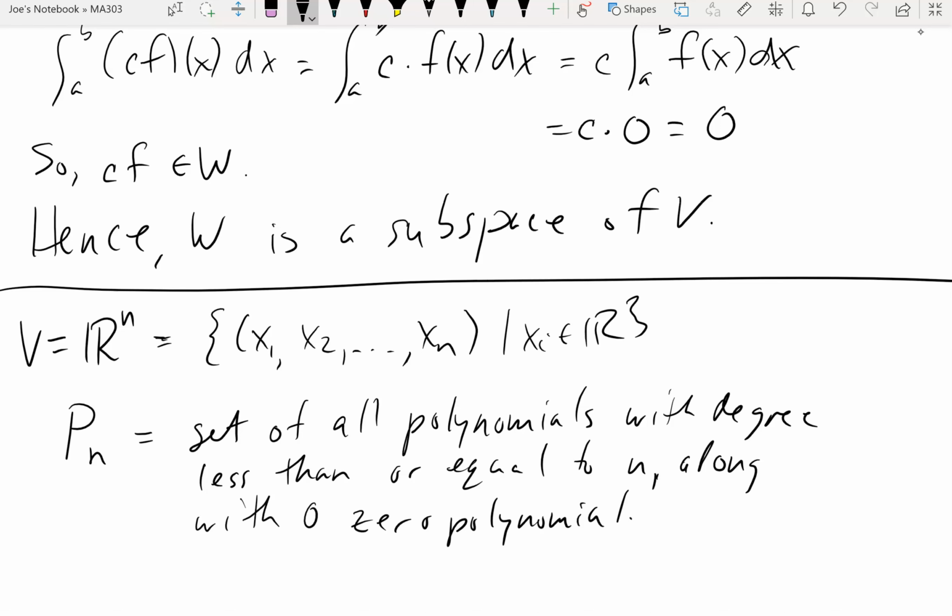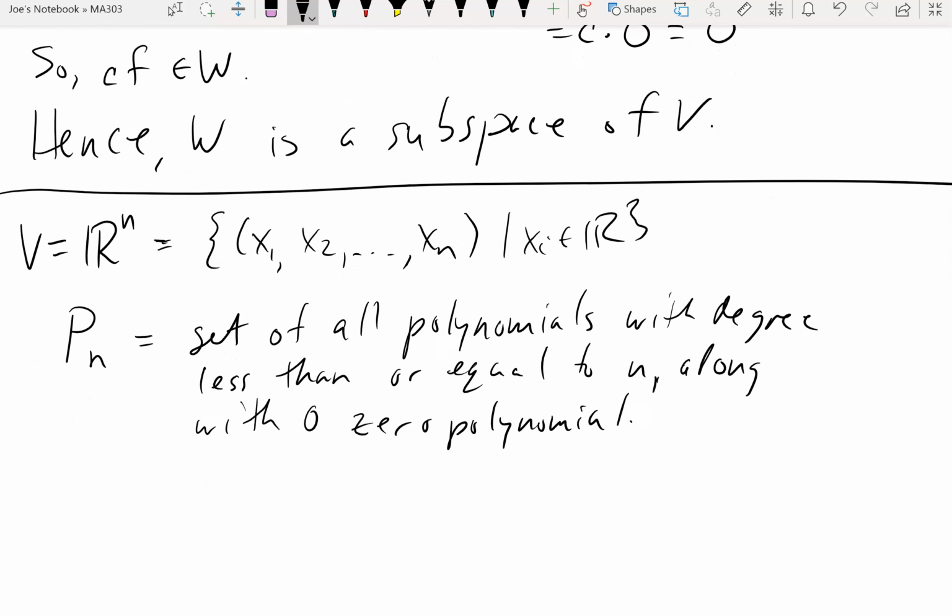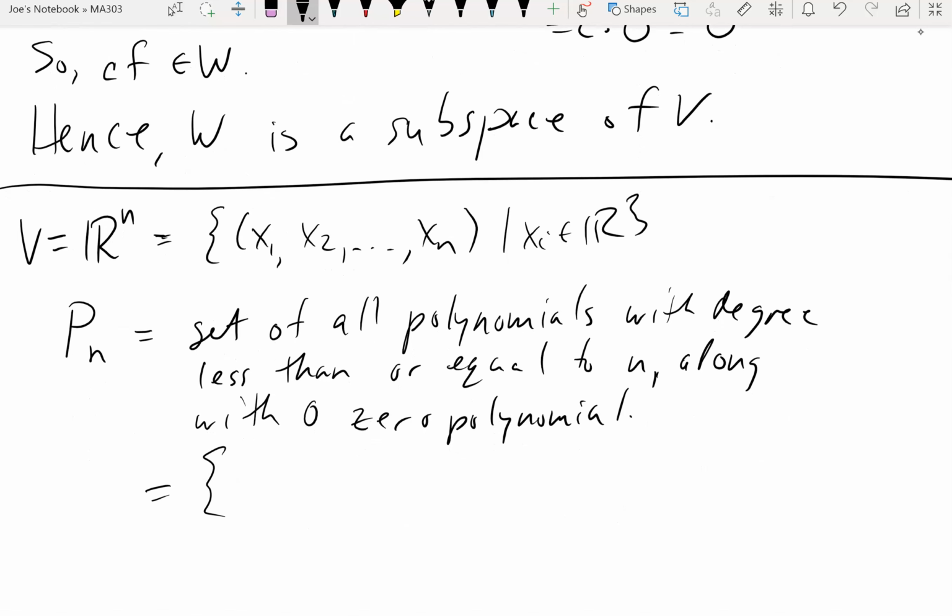From a set notation perspective, I could write it this way. This would be the set of all sum from i equals 1 to n of a sub i x to the i, such that a sub i is a real number. That works. That gives me the set of all polynomials that I want because I'm allowed to put zeros in where I want to.